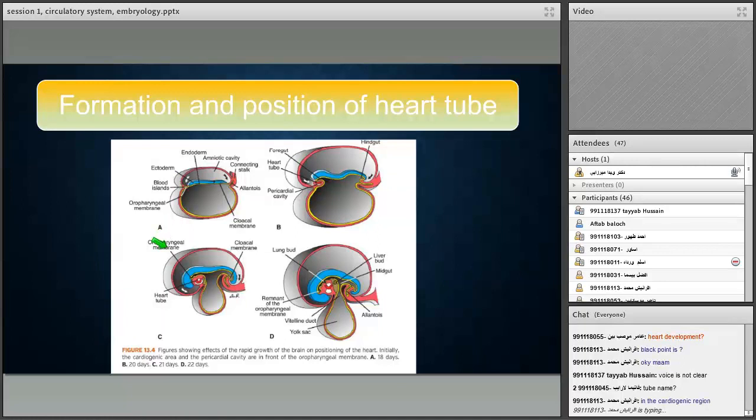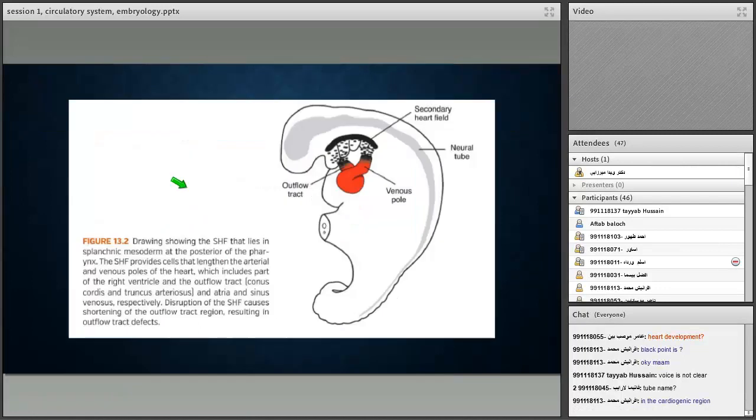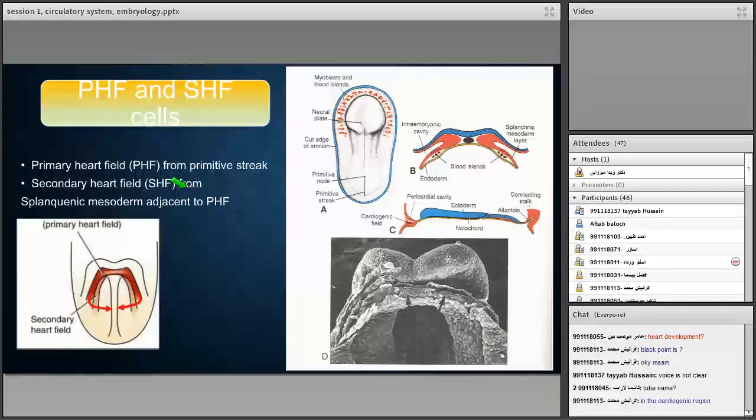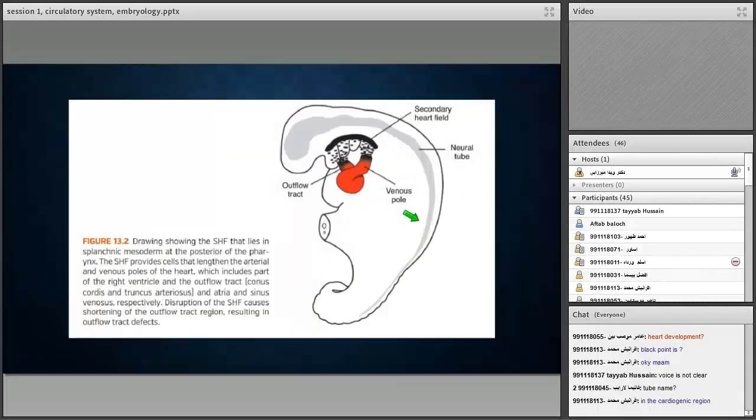Can you see that? At first, as we have seen here, this is the buccopharyngeal membrane. At first, we have the cardiogenic field in the rostral side of the buccopharyngeal or oropharyngeal membrane.